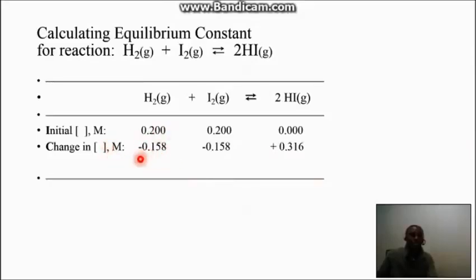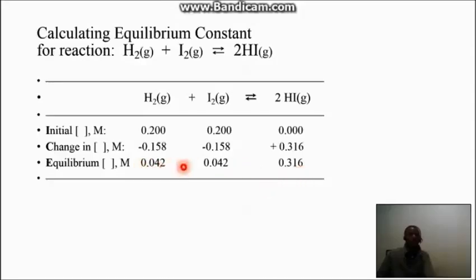On the reactant side, because we are using it up, we are subtracting. Initial, we subtract to get our final concentration. The same thing, initial, we subtract to get our final concentration. Here, initial, we add to get our final concentration.